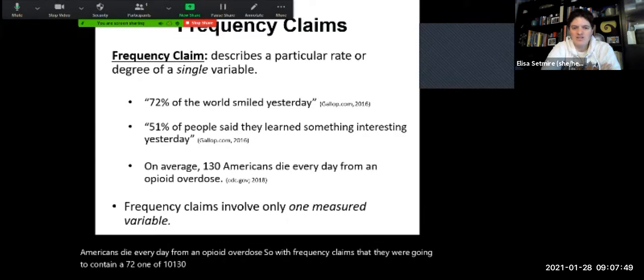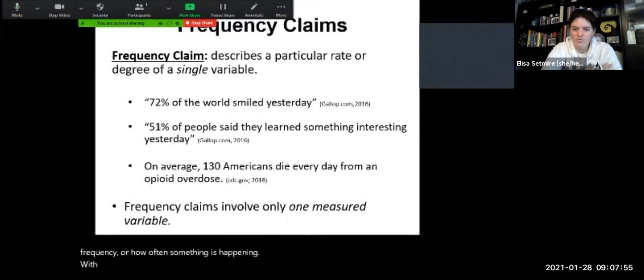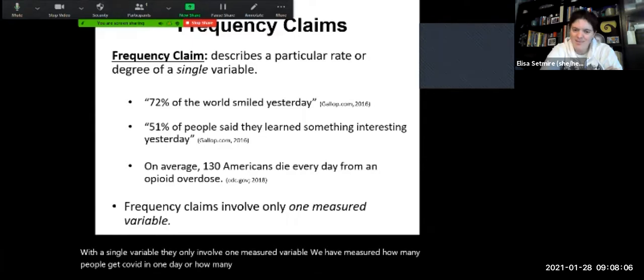We're looking at some kind of frequency, or how often something is happening with a single variable. They only involve one measured variable. We have measured how many people get COVID in one day, or how many people smile in one day. And then we're going to make a frequency claim with that information.